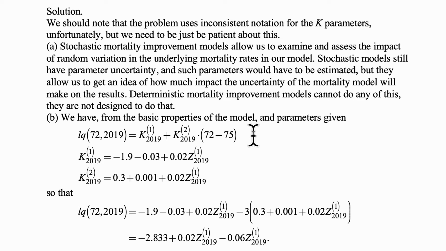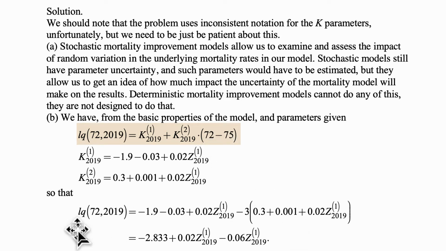And apologies, again, I had a typo. The k_2 in the second part of this formula on the right-hand side should be k_2019^2 times (72 minus 75).